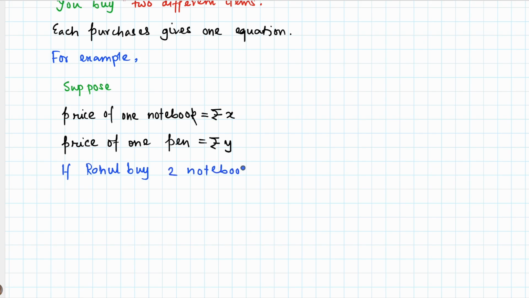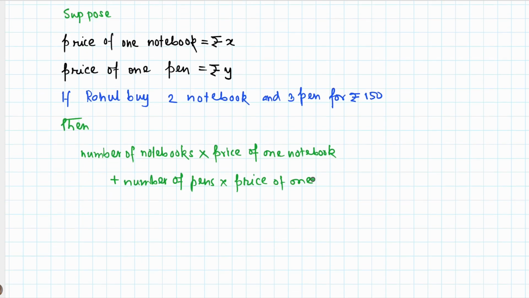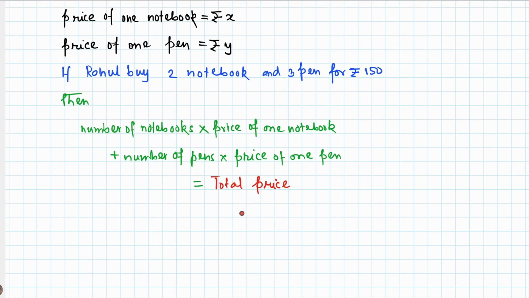Now if Rahul buys two notebooks and say three pens for total rupees 150, then the number of notebooks times the price of one notebook plus the number of pens times the price of one pen will give us the total price, that is 150.